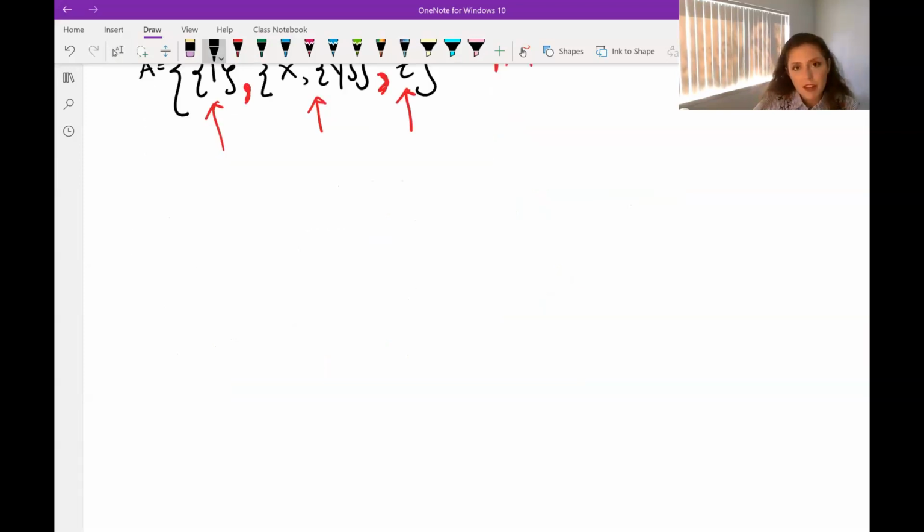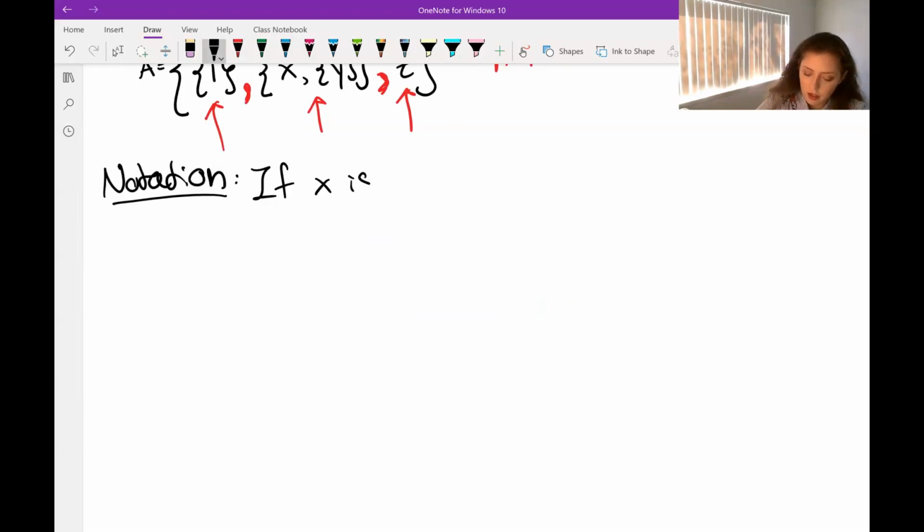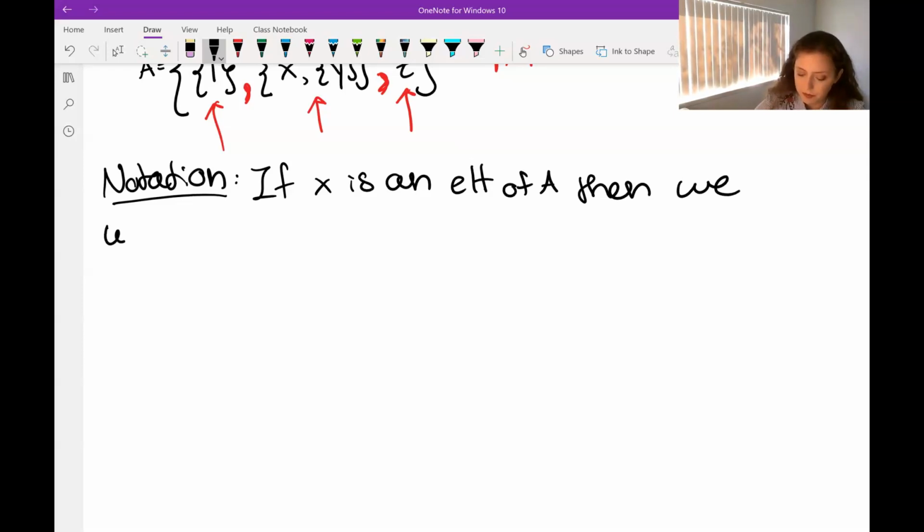How do we write that something is an element of a set? Notation: if X is an element of A, then we write the symbol. If you saw that, it was just a little curl, like a C with a line through it.